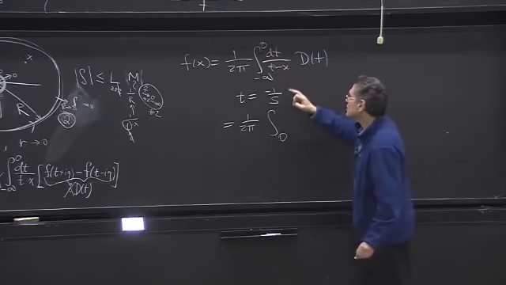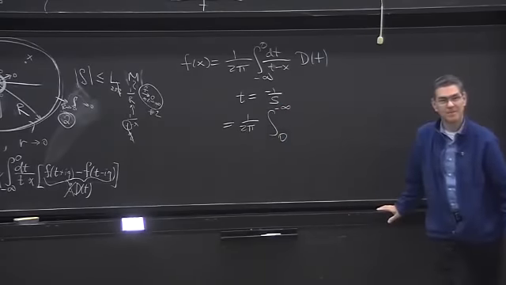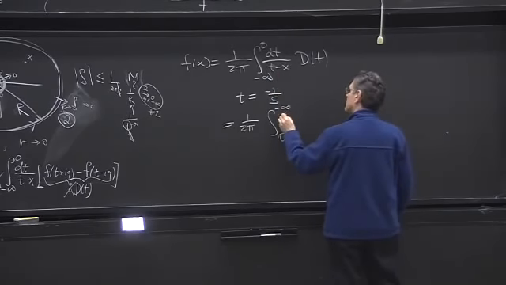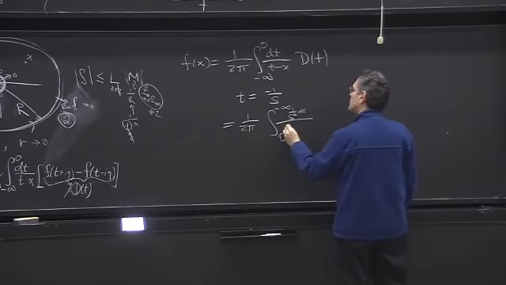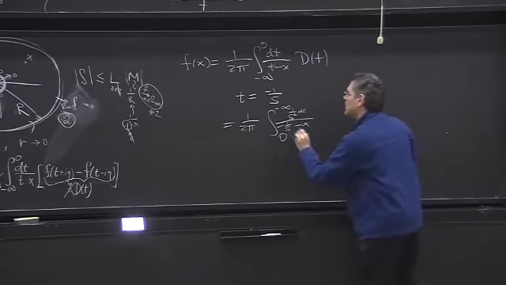And when t is equal to 0, s is equal to minus infinity. Got that? And dt becomes 1 over s squared ds, and the denominator becomes 1 over s minus x. Minus 1 over s.